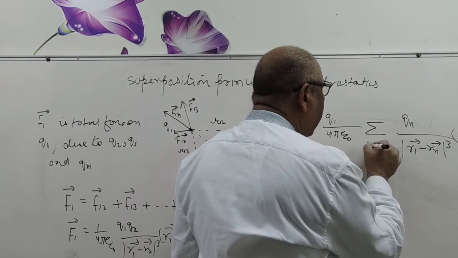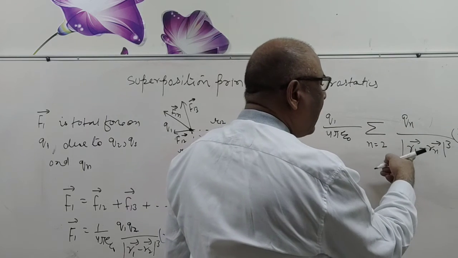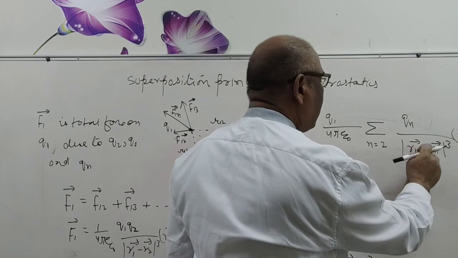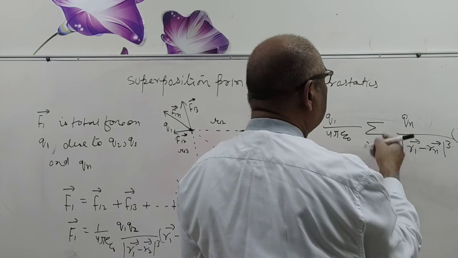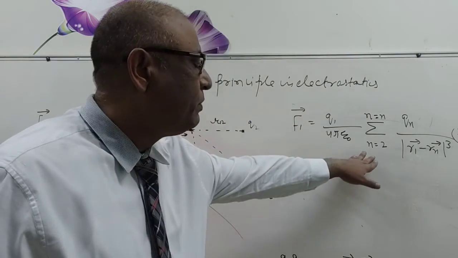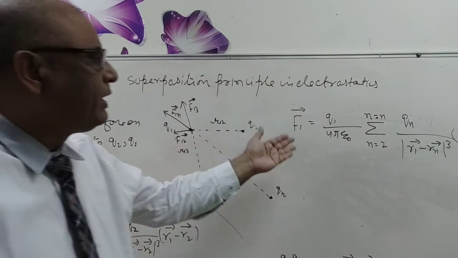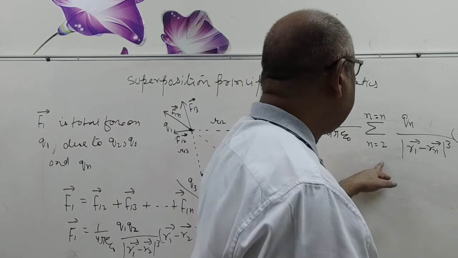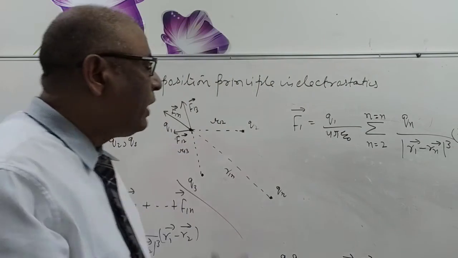So n equals 2 and it finishes at n equals n. So F1 vector is this.